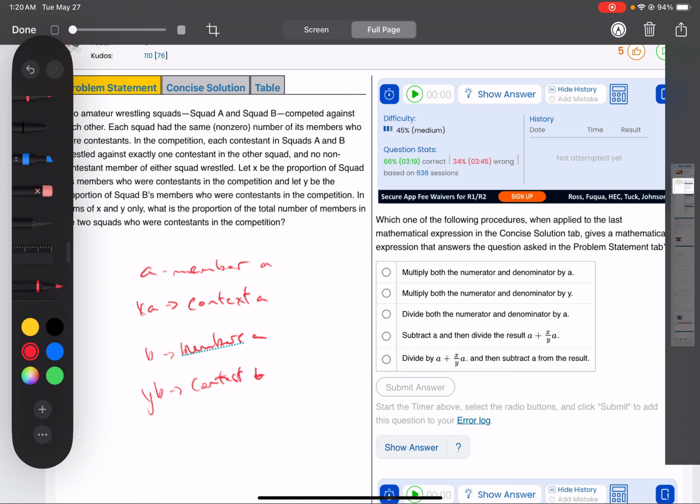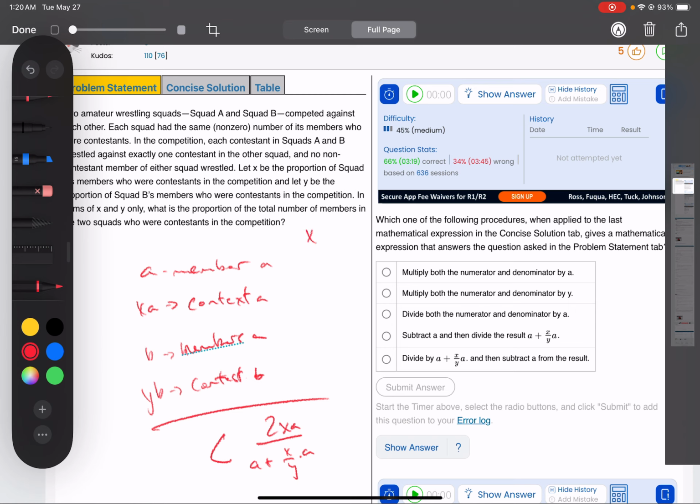They reduce all this information into a formula where on the next tab it's 2xa over A plus xy over A, x over y times A. They use this as a proportion of all the members of both teams that competed.